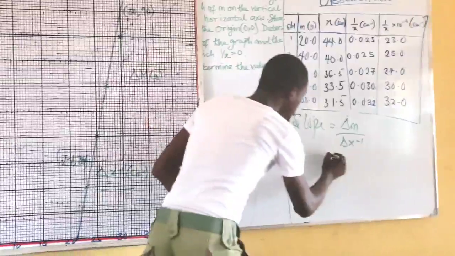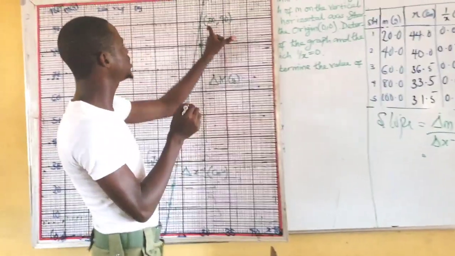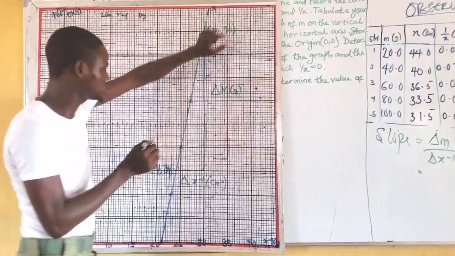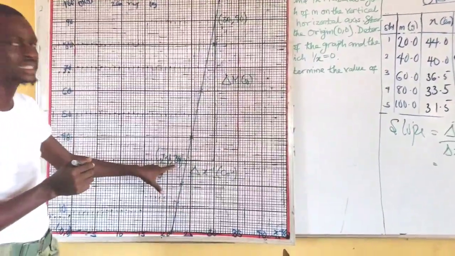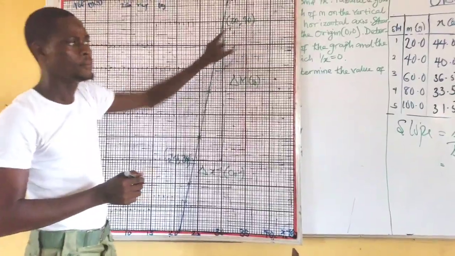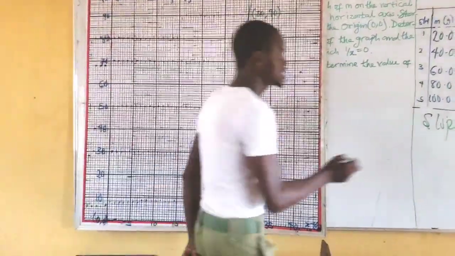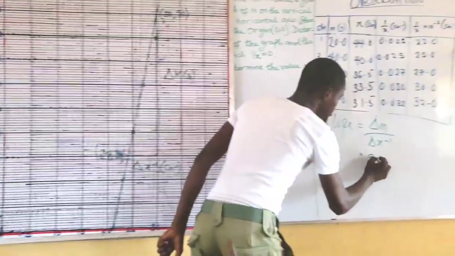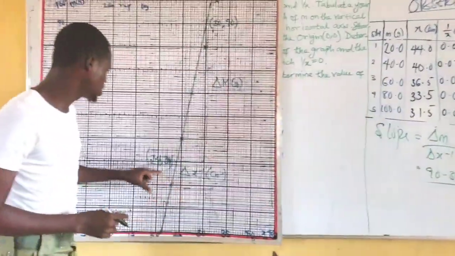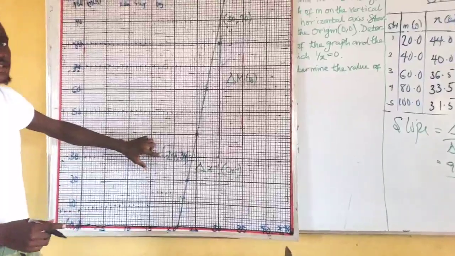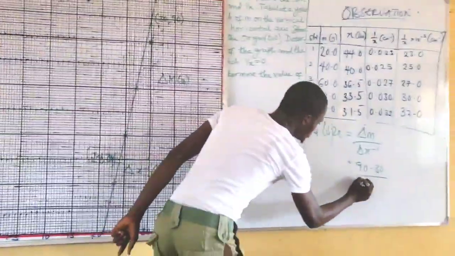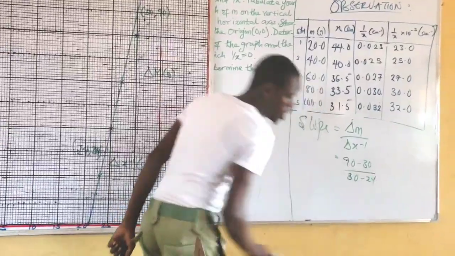Now, my change in m is final m minus initial m. My initial m is 30, my final m is 90. So change in m is 90 minus 30, all over the initial x inverse 24 and the final 30, that is 30 minus 24.